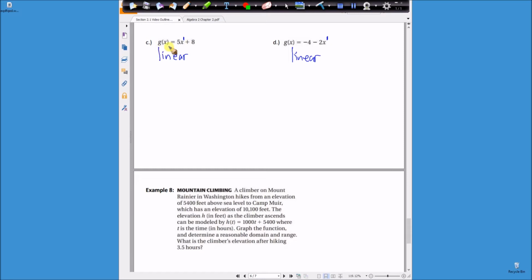If you substitute the values, you get g of -2 equals 5 times -2 plus 8, and if you do that, you end up with -2. And this one, g of -2 is -4 minus 2 times -2.